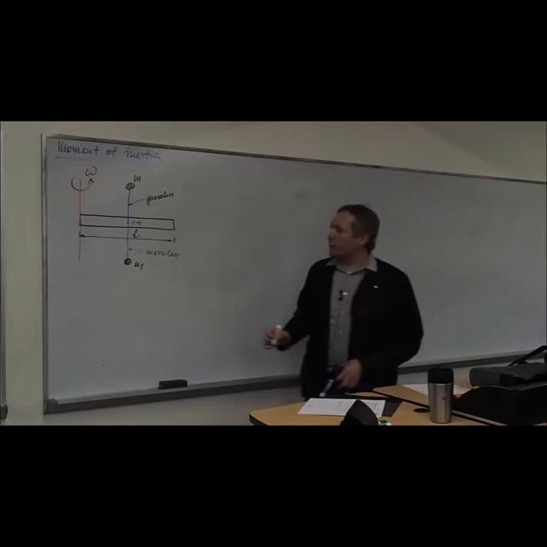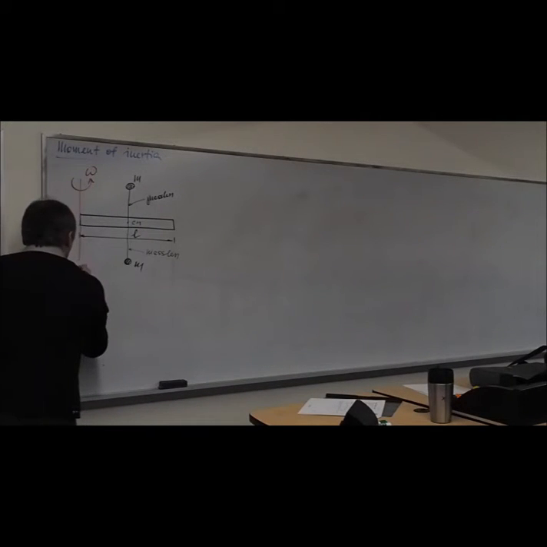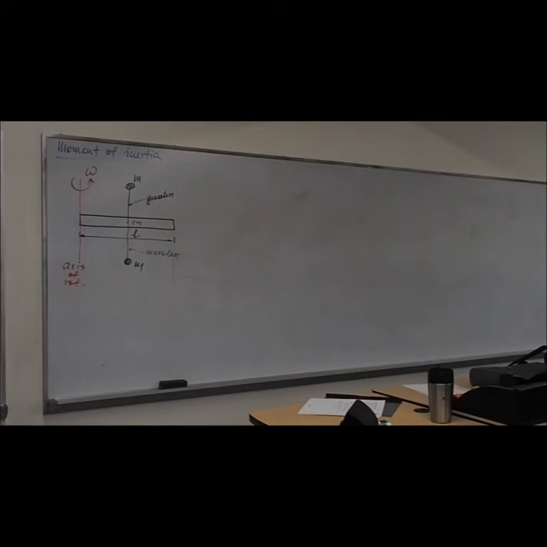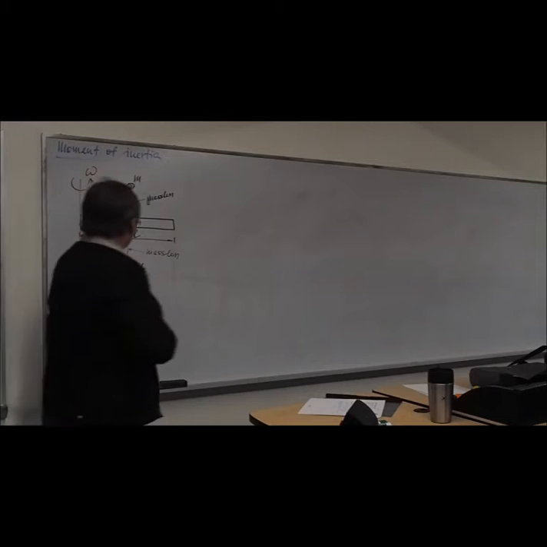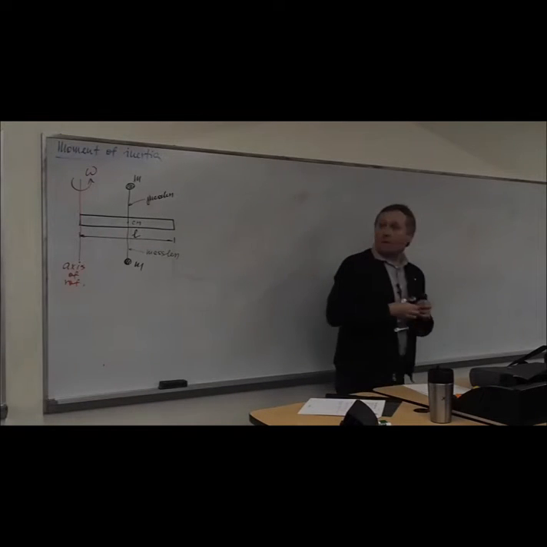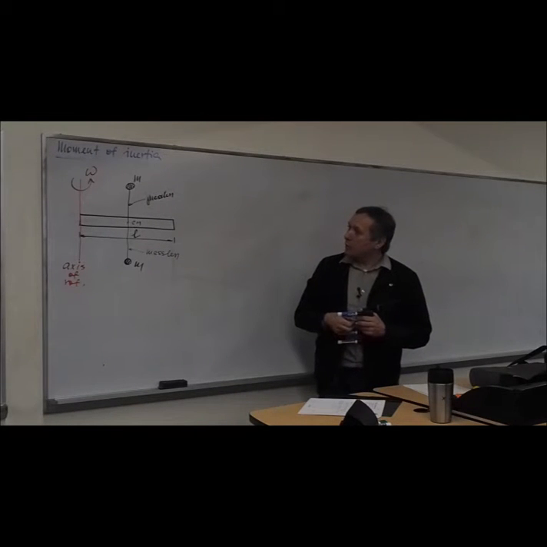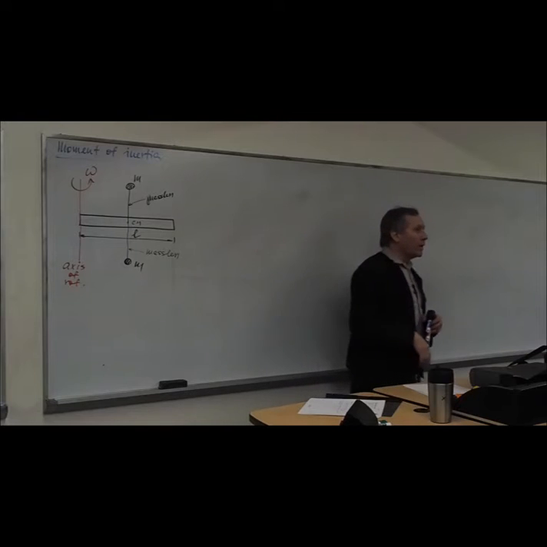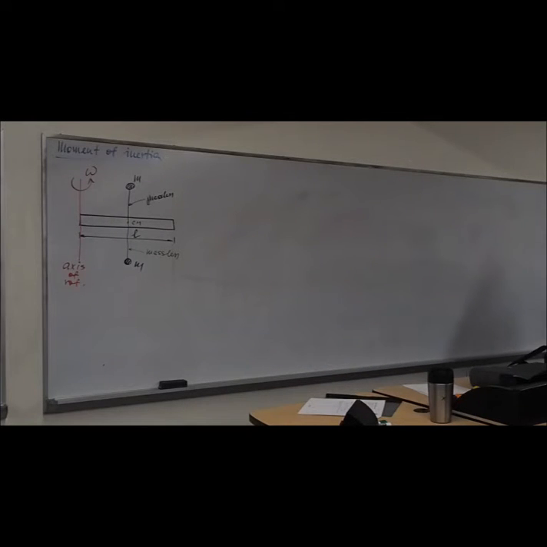Okay, so now, you know what, before we start calculating, let's refresh. What will be the direction of omega as a vector? What's the direction of omega in this case?